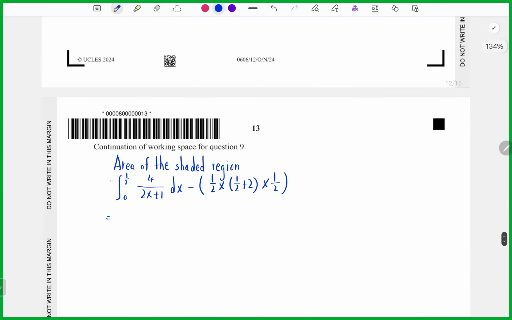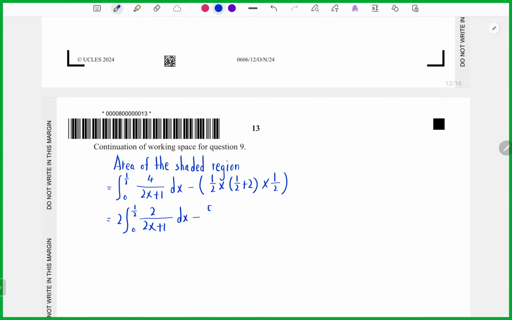So you can write here the integral, I take out the values 2 over 2x plus 1 dx minus 1 over 2 multiplied by 5 over 2 multiplied by 1 over 2 again.